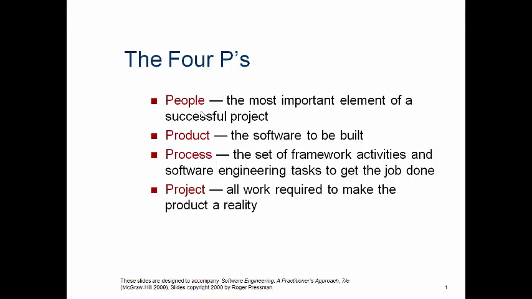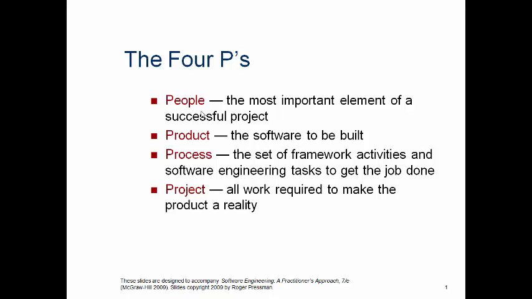The next spectrum is process. A software process provides a framework from which a comprehensive plan for software development can be established. A number of framework activities are applicable to all software projects regardless of their size and complexity. As we discussed, we have a framework activity and an umbrella activity for any process, any project that we are going to develop.